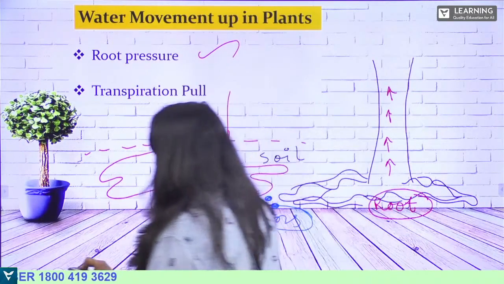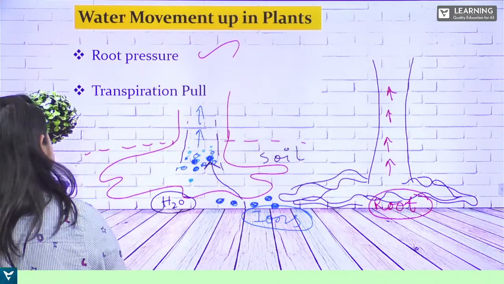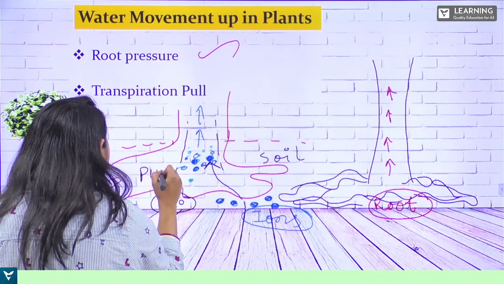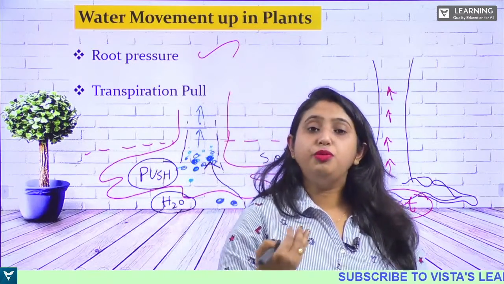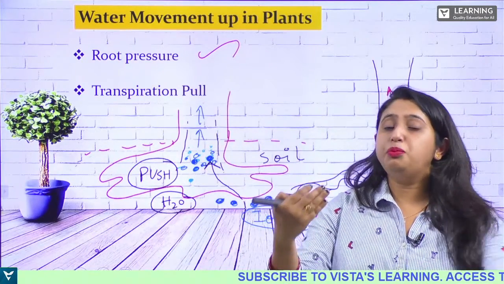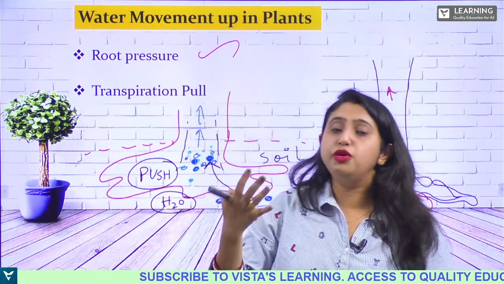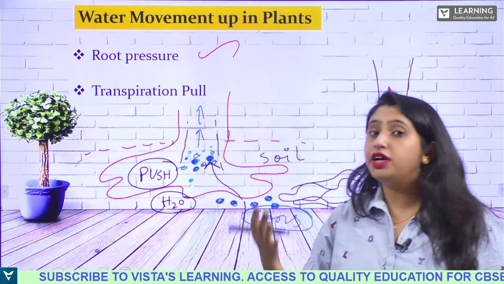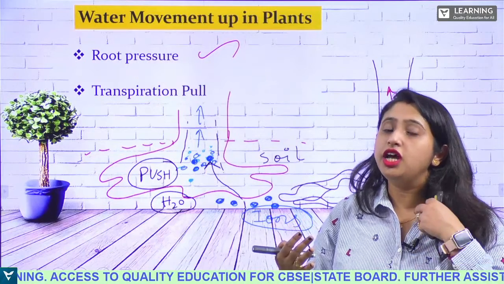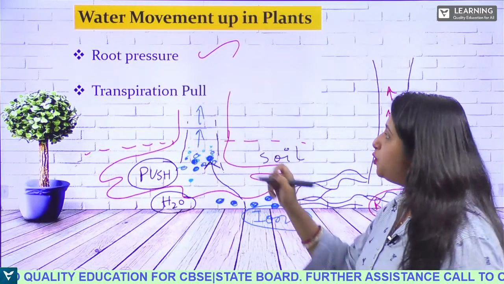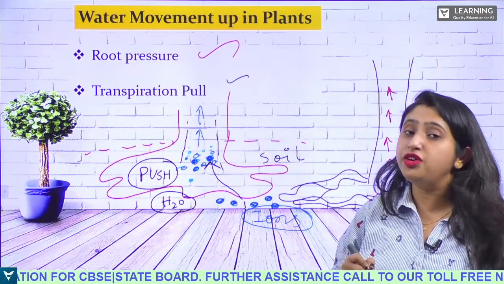So here what is required is they get a little bit of push from the roots, but the push is only limited. But further, how are all these molecules being transported? All these molecules are transported with the help of the transpiration pull.